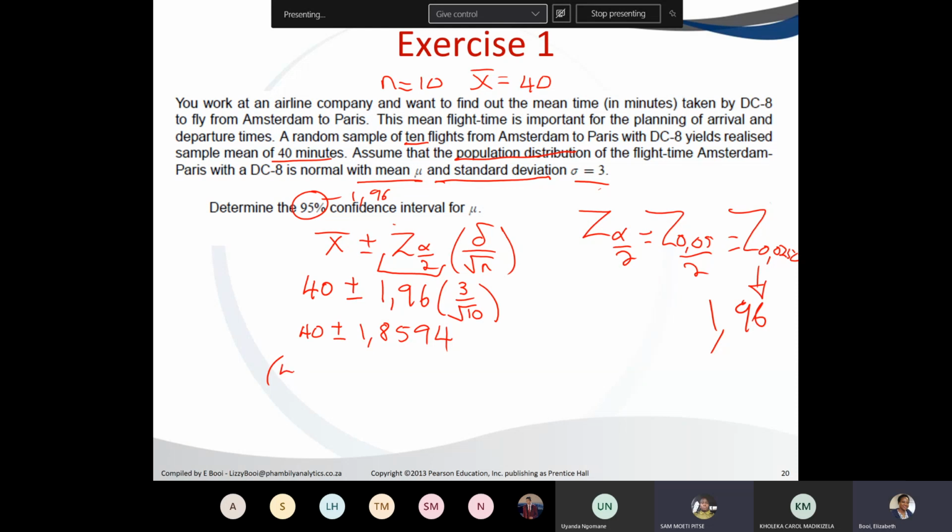Okay, so then we split it. I said 40 minus 1.8594, and on the other side is 40 plus 1.8594.